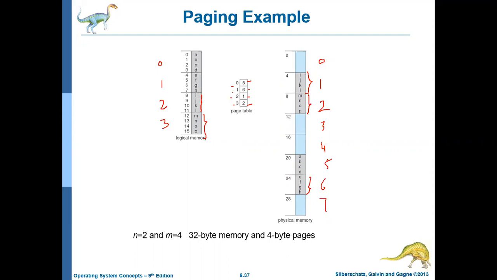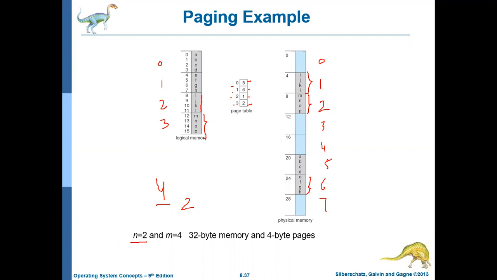Here you can see that n is equal to 2. n means the number of bits that we are using for the offset, because we have 4 offsets. 4 offsets means how many different bits will be required to store them? 2 bits.